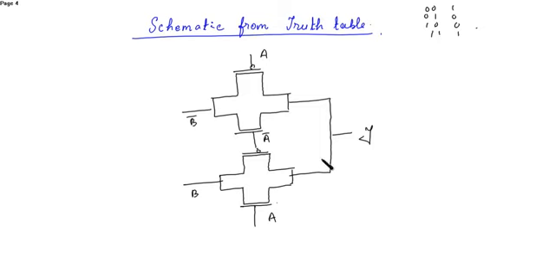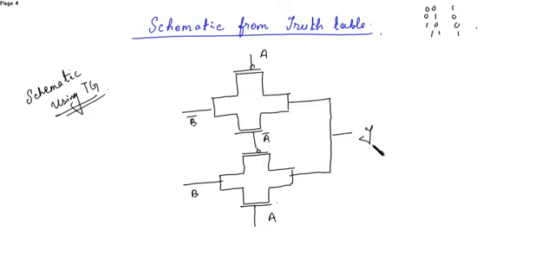So this is not the twisted schematic, sorry, the normal schematic using the truth table, that is using the transmission gate. So this is the schematic using the transmission gate.